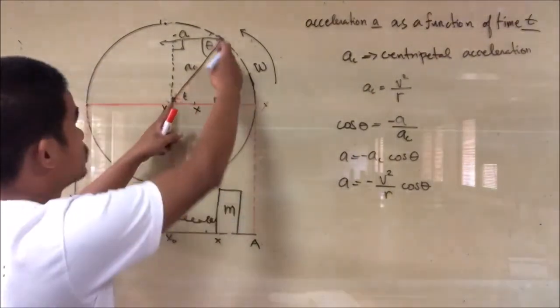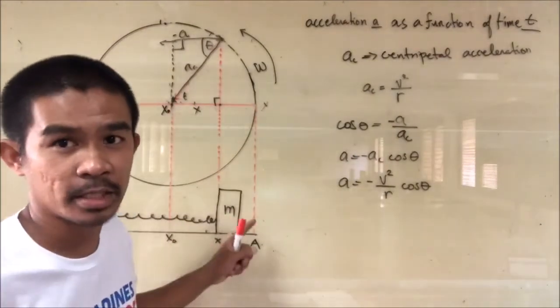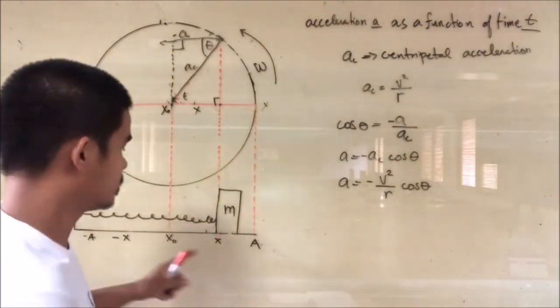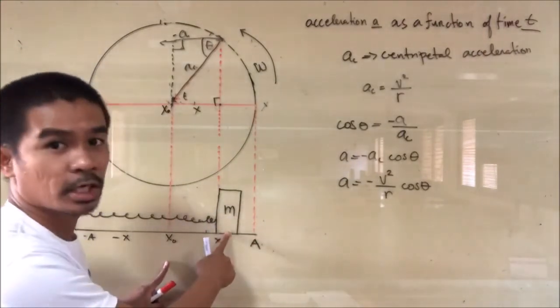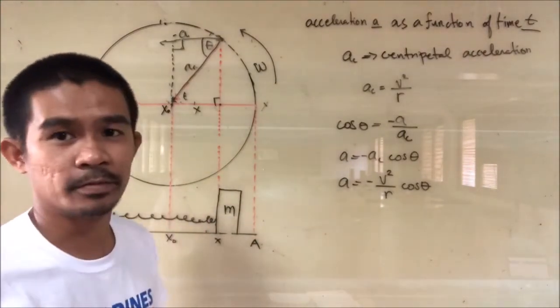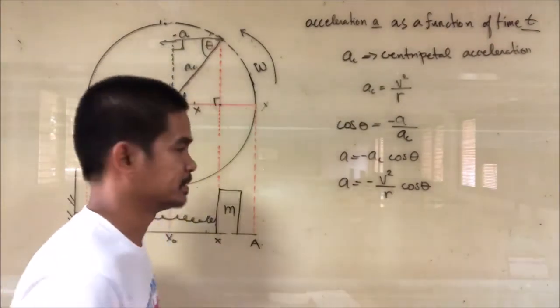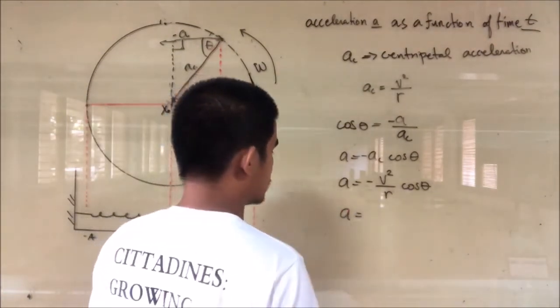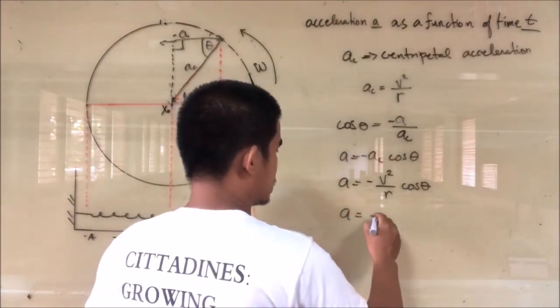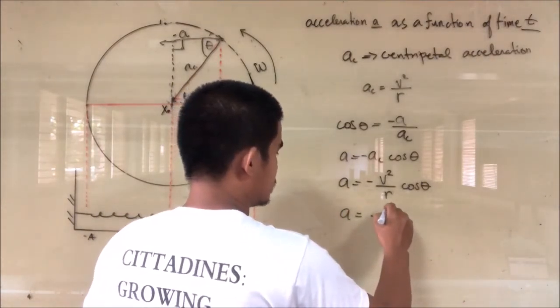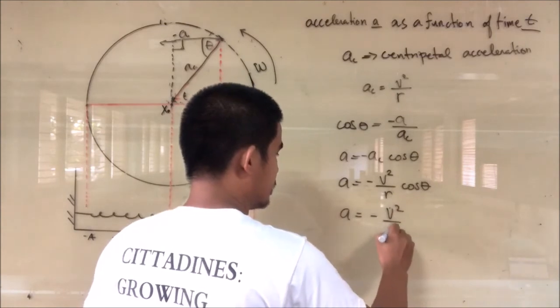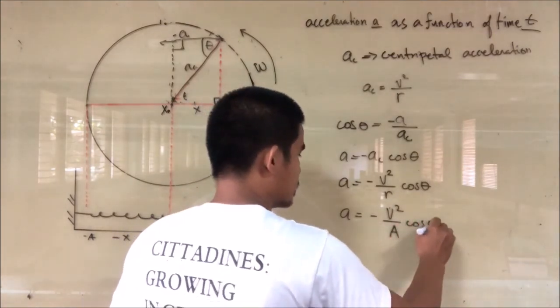The radius of the circular path, which is the same length as the amplitude of an object moving in simple harmonic motion. So I will replace R by A. So a here equals negative v squared over the amplitude, cosine theta.